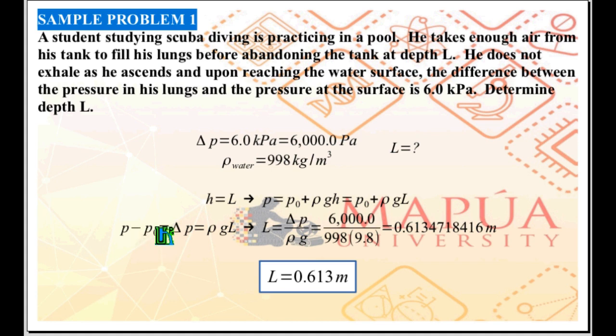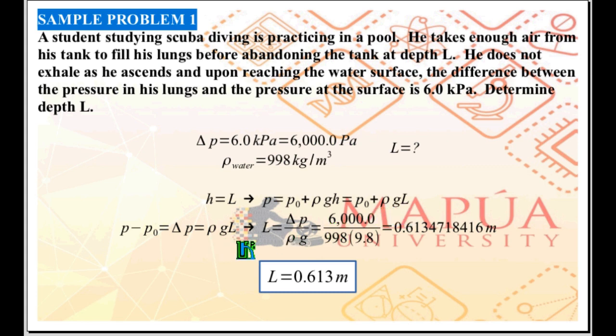P naught is the pressure at the surface of the fluid, in this case, the surface of the water in the pool. P minus P naught is equal to delta P, 6,000 pascals. Delta P is equal to rho G L.